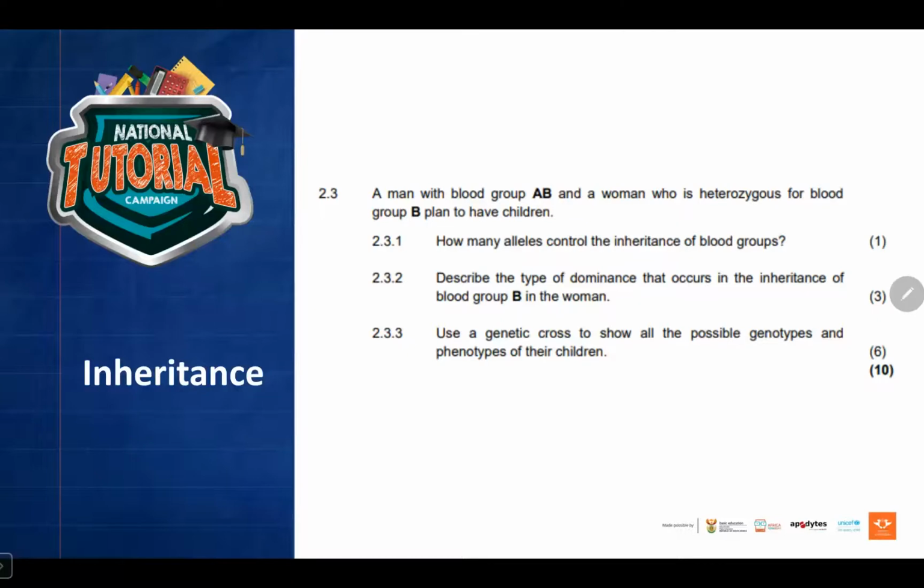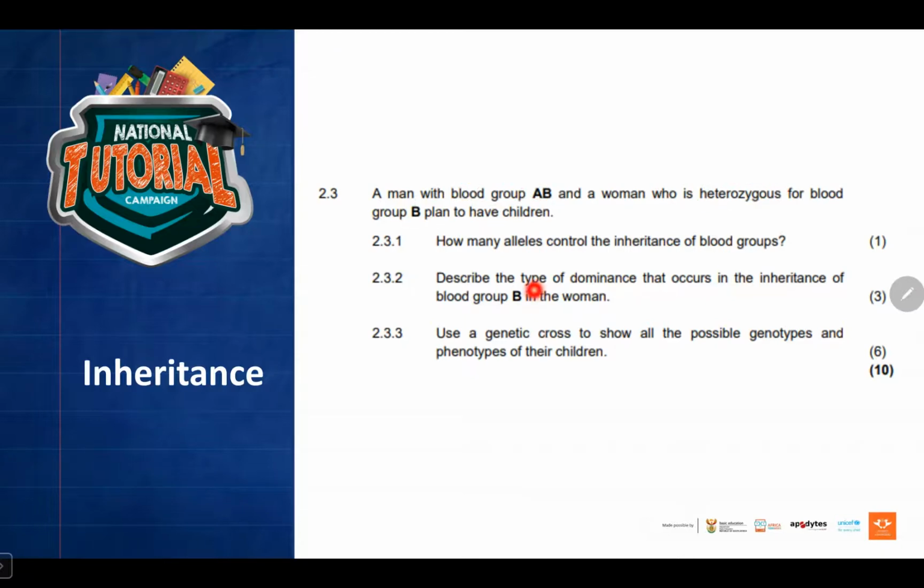2.3. So this is again inheritance, and now this is inheritance of blood groups. So what do we know about blood groups already? If we think back to what we learned, we've got an A, a B, and an O blood group. So this question reads, a man with blood group AB, first thing they tell us, and a woman with a heterozygous blood group B. Very important, they're giving us another clue.